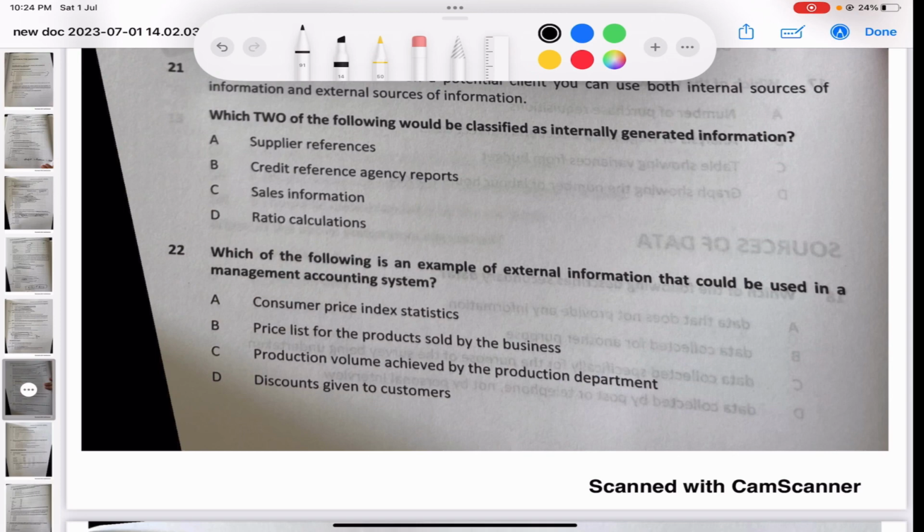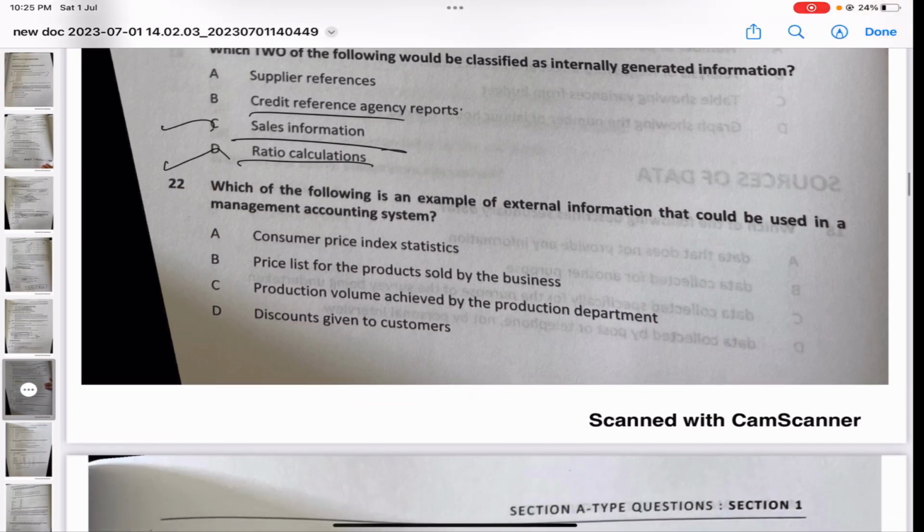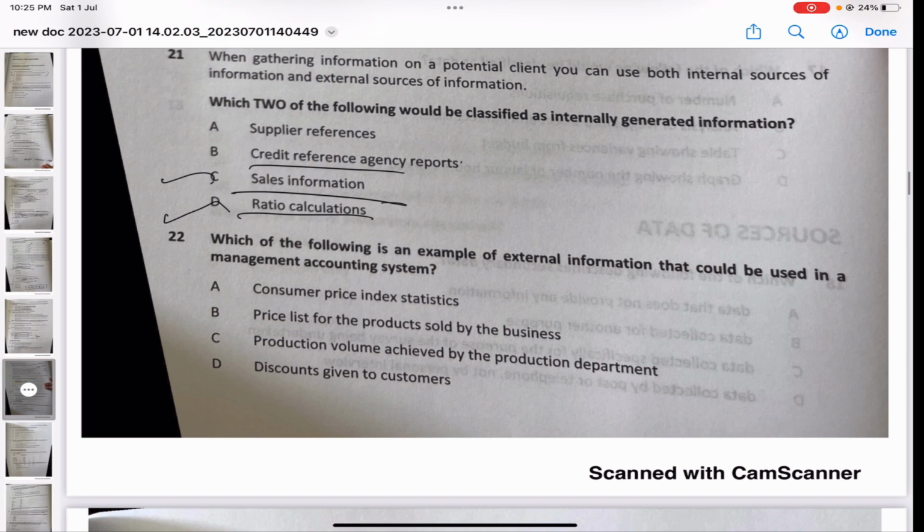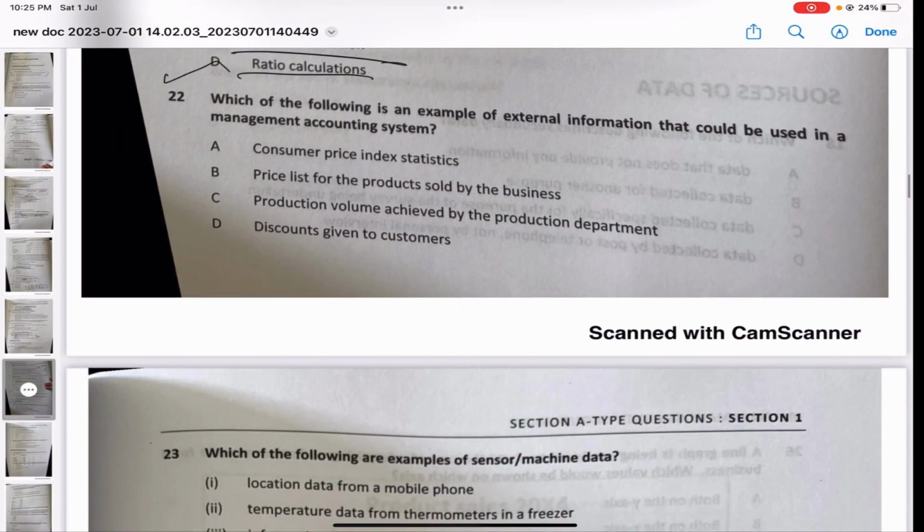Sales information, ratio calculation. So which are internally generated information? Credit reference is something which is done externally. Sales information will be given by our company sales office. Ratio calculations of our business will also be given by internal sources. So my answer here would be C and D.